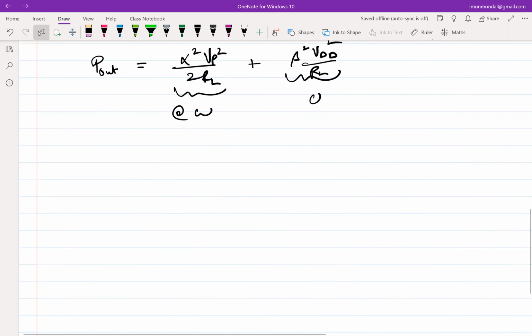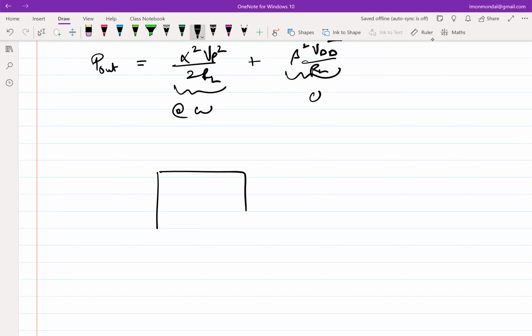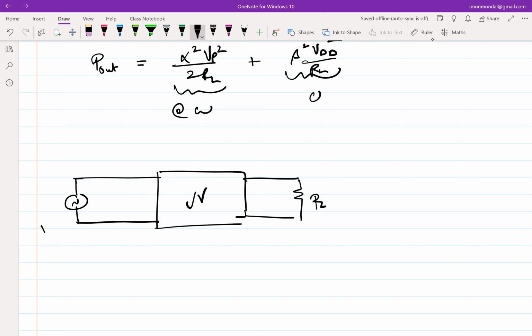Let's assume a generic nonlinear circuit N, and you have a VDD.